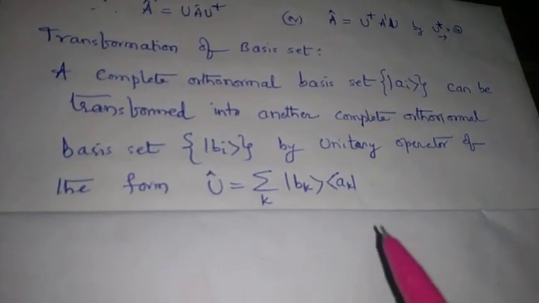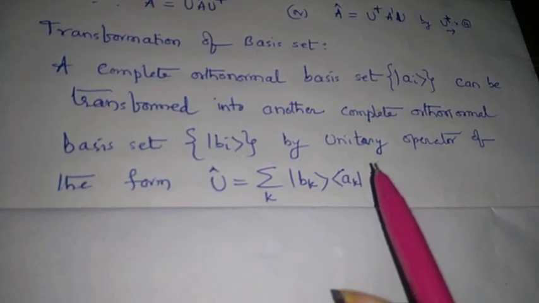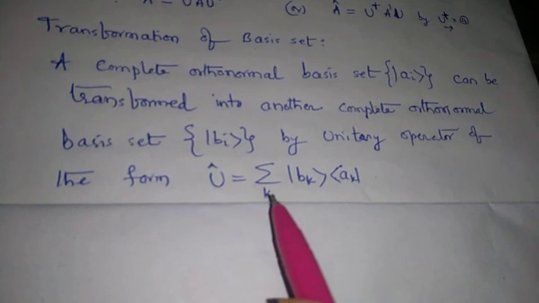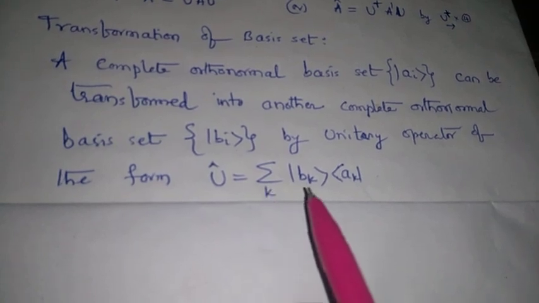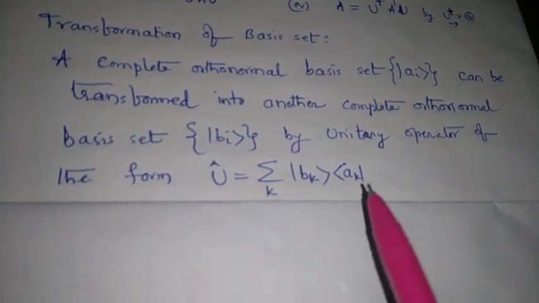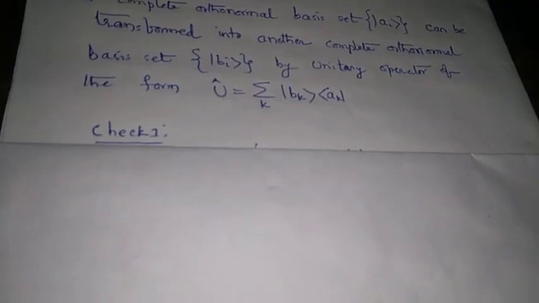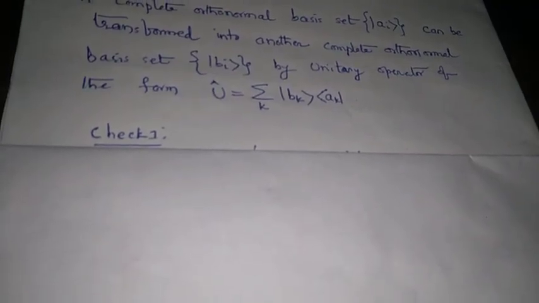That can be achieved by the unitary operator U, given by the summation over k of ket b_k and bra a_k. And we'll try to check this by performing mathematical calculations.